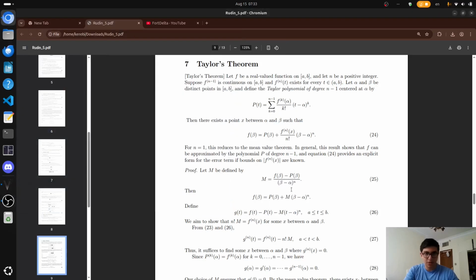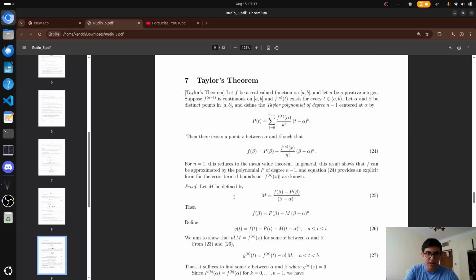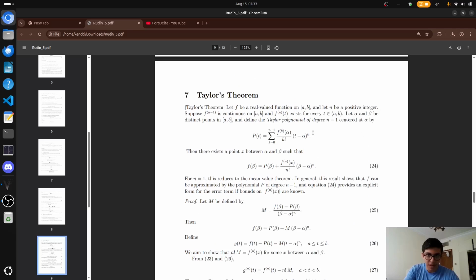Okay. So the reason why the kth derivative of p at alpha is equal to the kth derivative of f at alpha is because take this over here. If you take the kth derivative, you're going to be left with this thing over here times k all the way to 1.